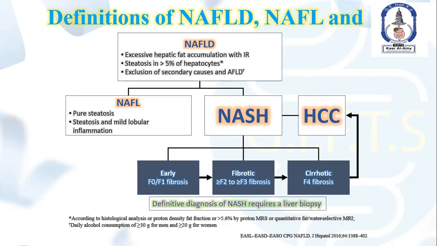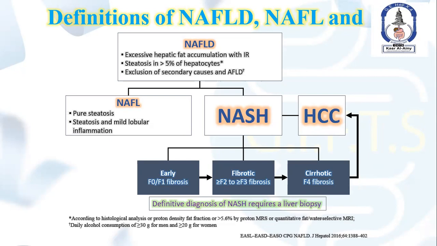Maybe this is the reason why the new nomenclature is adopted, and now little amounts of alcohol consumption and the presence of other liver diseases are accepted under the umbrella of metabolic associated steatotic liver disease.